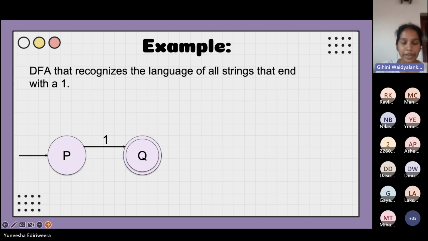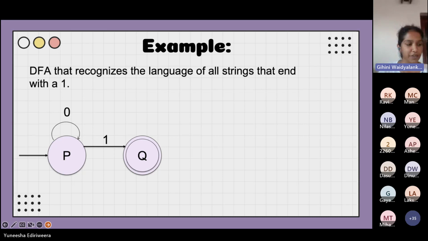So if I get a string that has only the digit 1, or if a string ends with a 1, the string should end up in the final state. If a certain string ends up in the final state, that means that string will be accepted. And if that string does not end up in the final state, the string will not be accepted by this DFA. So let's go to the next slide.